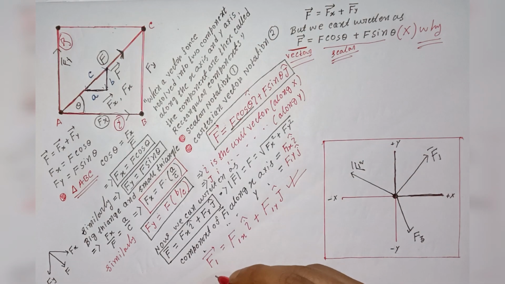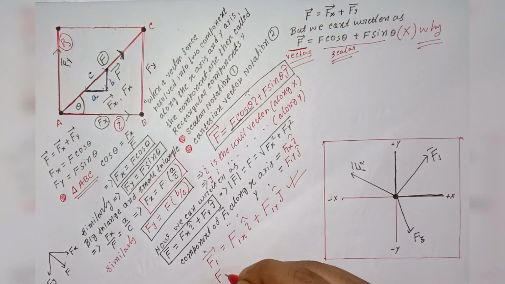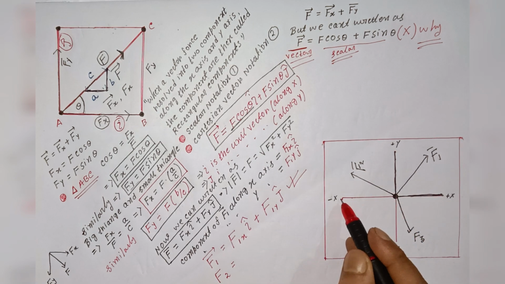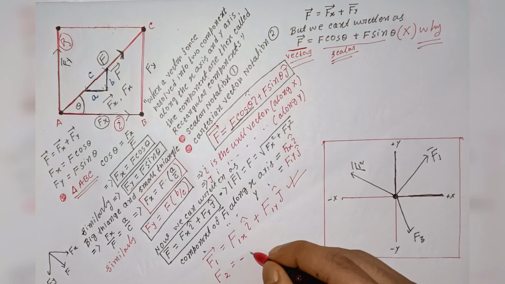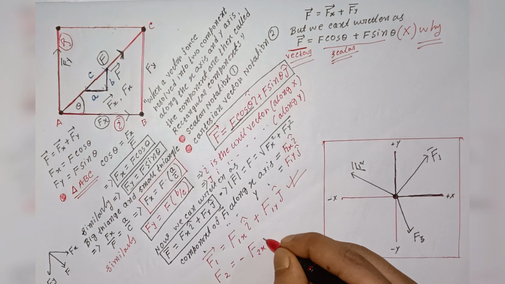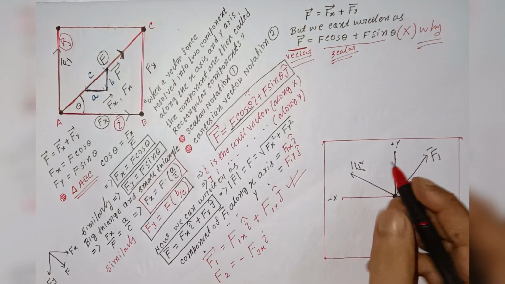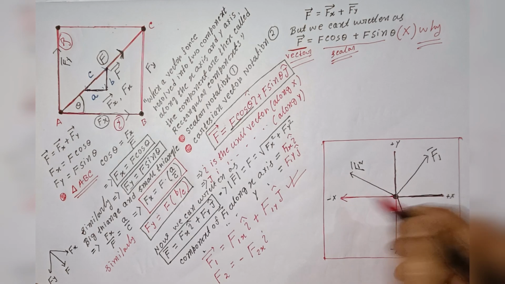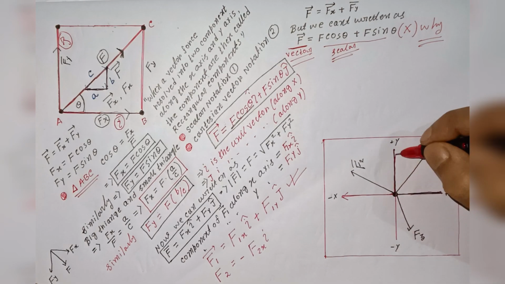Similarly, we can write the f2 vector. f2 vector equal to which area? Look, this area, the negative x-axis. That means negative f2x i cap, with notation 2. But the component of y is positive: x is negative, but y is going in the positive direction.